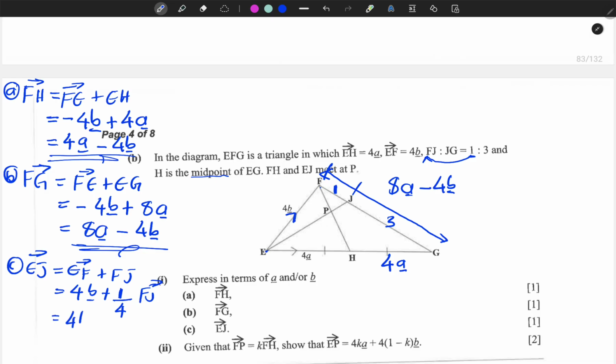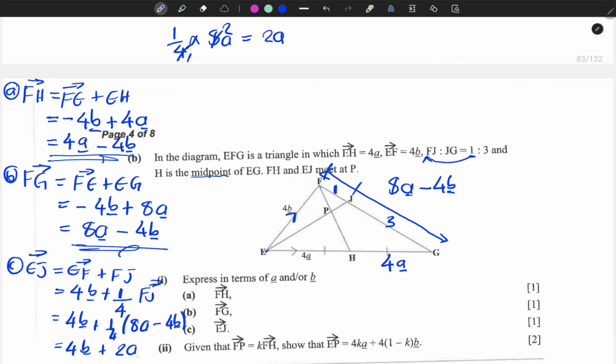So we have 4b plus a quarter multiplied by FG, which is 8a minus 4b. We can now expand, so 4b plus 1 over 4 times 8a. 4 here is 1, 4 here is 2, so this gives us 2a.